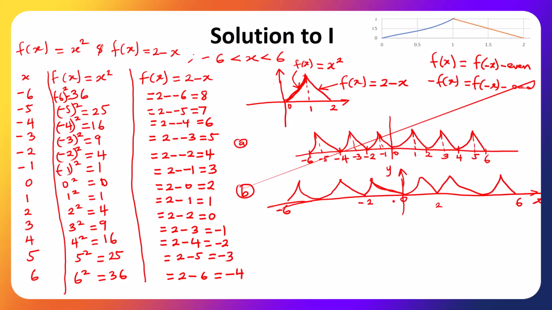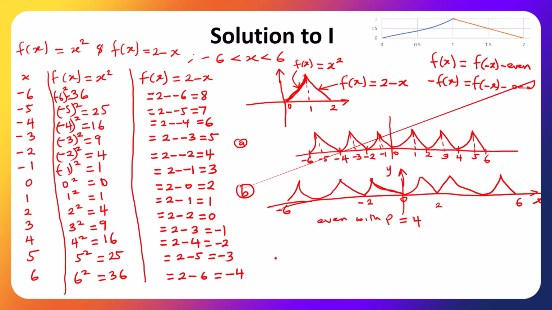So in a way, we have the function which is even with p equals 4. Now, this is the solution to the second question of example number 1.